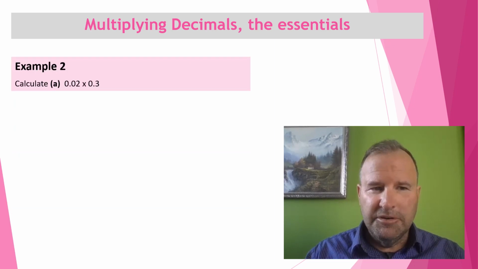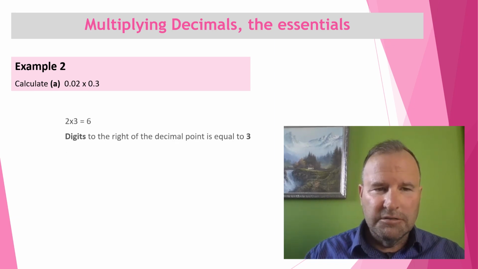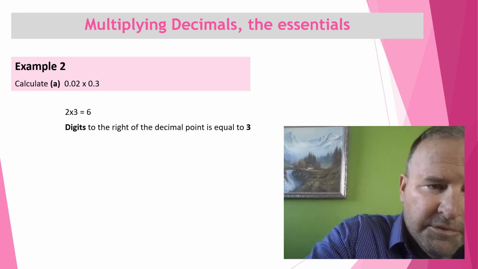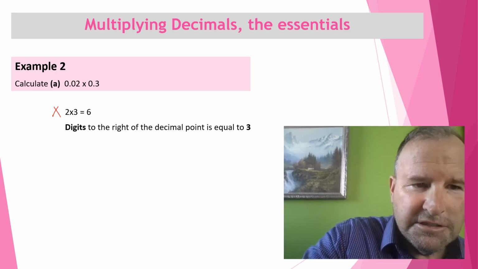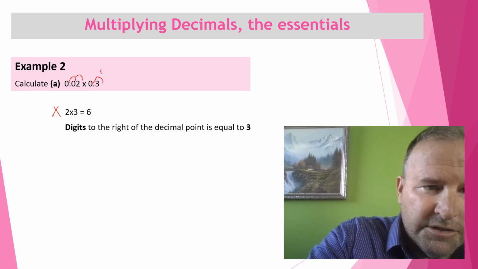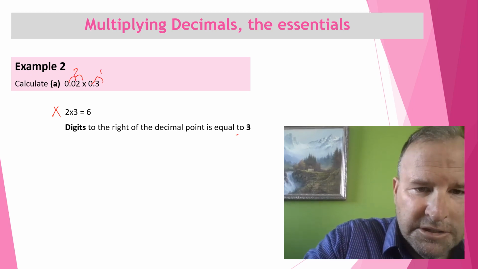Second example, can we do this one? 0.02 times 0.3. Again, following the steps and the rules, write down the actual numbers. If you're multiplying, 2 times 3 is 6. Have a count of how many decimal places there are. Here's 1, and there's 1, 2, there's 2. So the total is equal to 3.